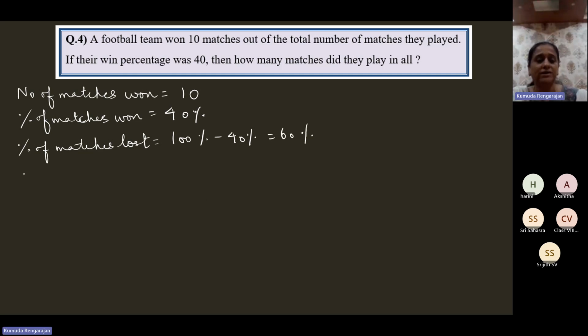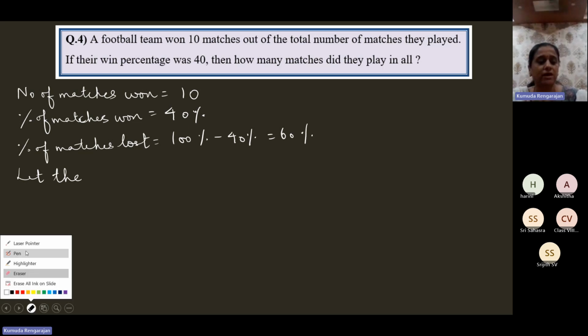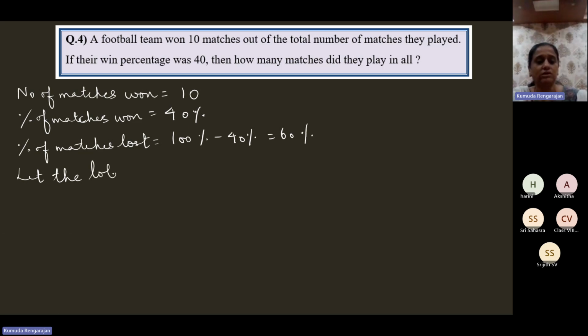Now let the total number of matches played be X. Always you should assume that as X.